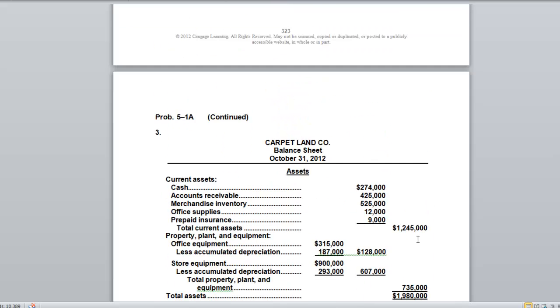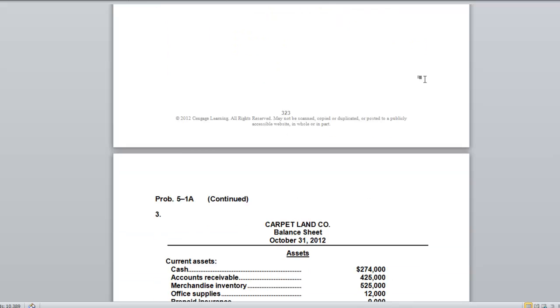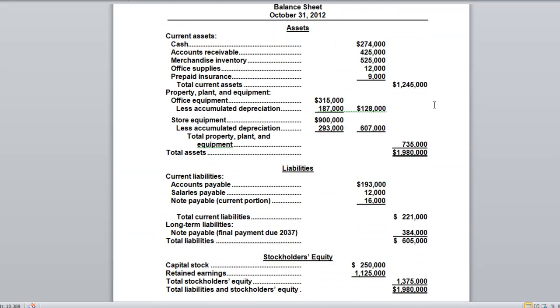We calculated that up here on the statement of retained earnings. If we add those two together, our total equity is $1,375,000. If we add that to our total liabilities, we're looking at total liabilities and stockholders' equity of $1,980,000, which is equal to our total assets.